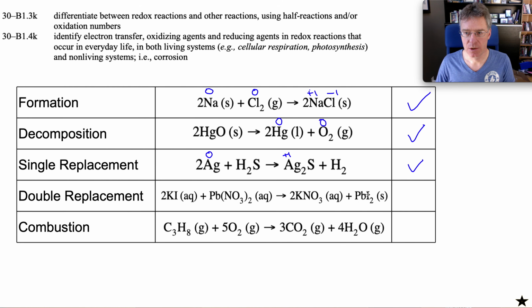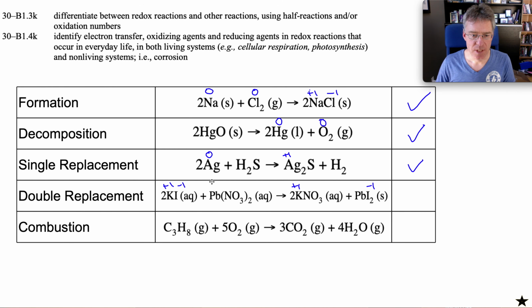Double replacement is the one where you never have oxidation state changes. I'm just going to do a couple of the charges. I'm not going to do all of them. We have potassium, which is +1. And over here, it's just switched its partner. It's still +1 oxidation state or charge. The iodide is -1 oxidation state, and it's still -1.